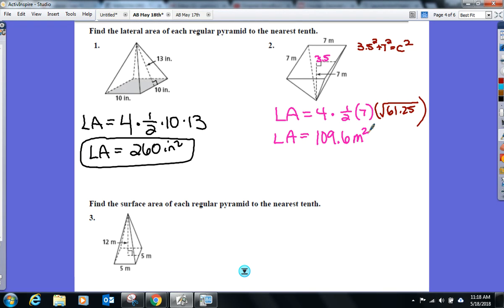I will let you try 3 out right now. Go ahead on your own or working with other people. Surface area now, everybody. Surface area. The whole thing. Lateral area and the base.